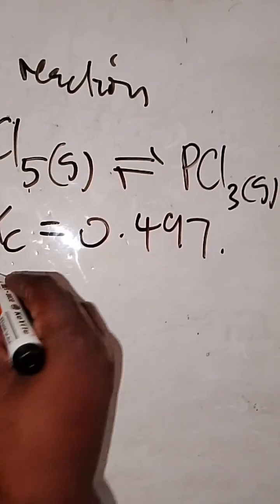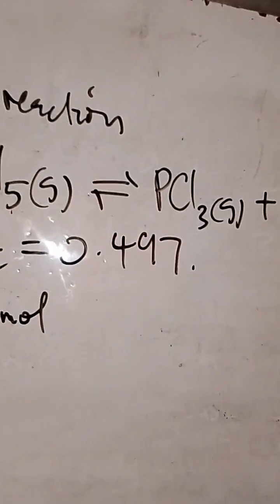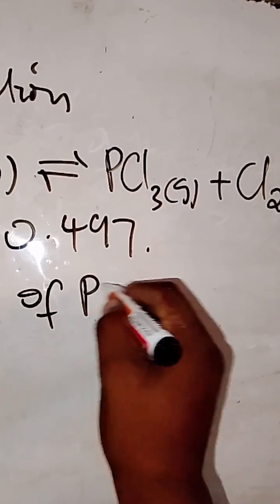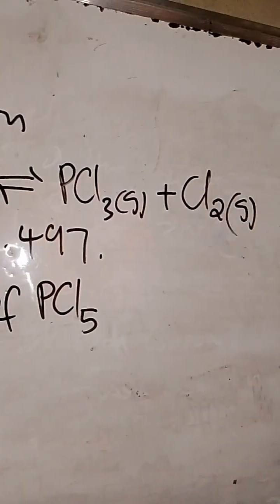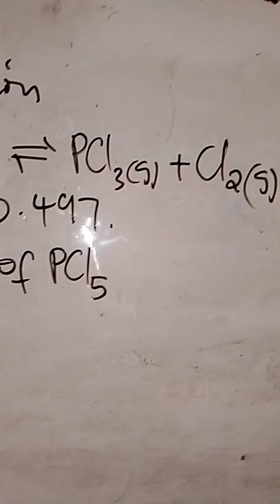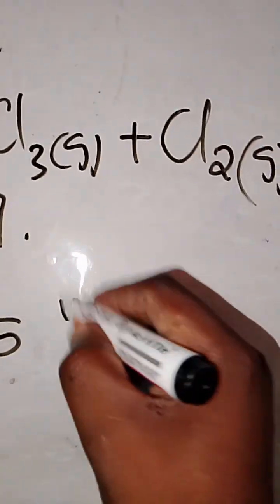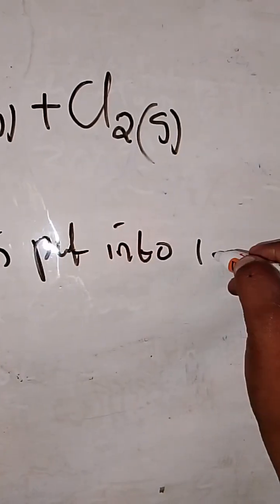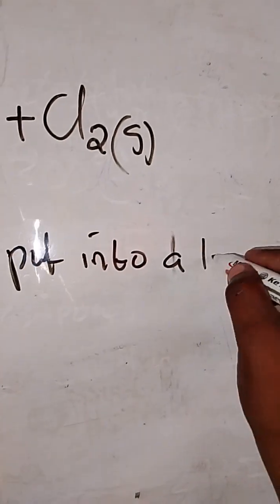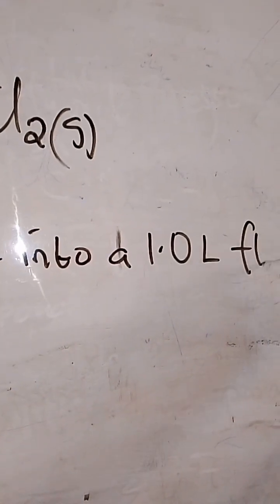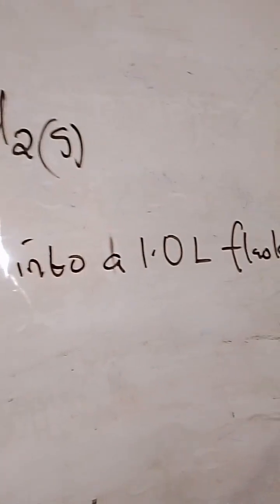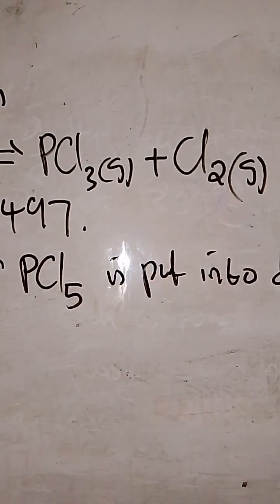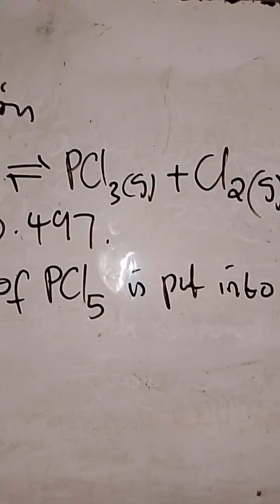1.66 moles of PCl5 is put into a 1 liter flask or container.